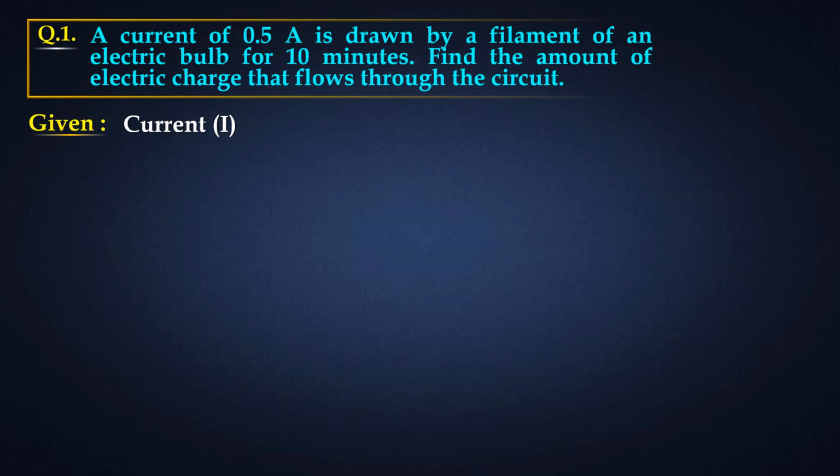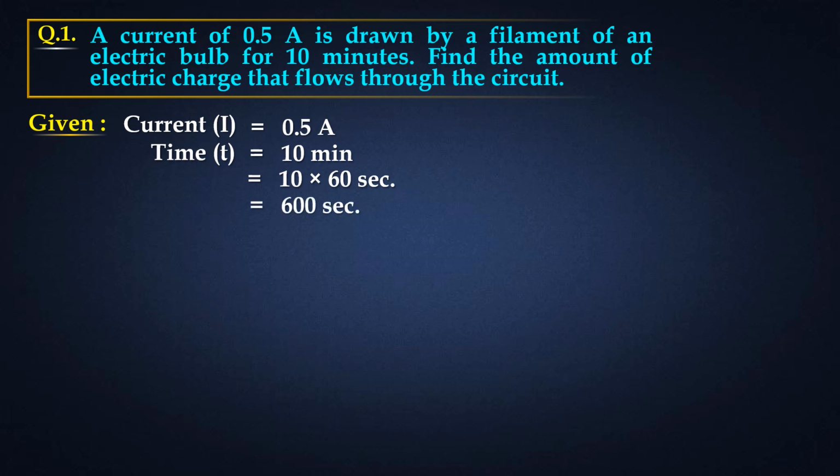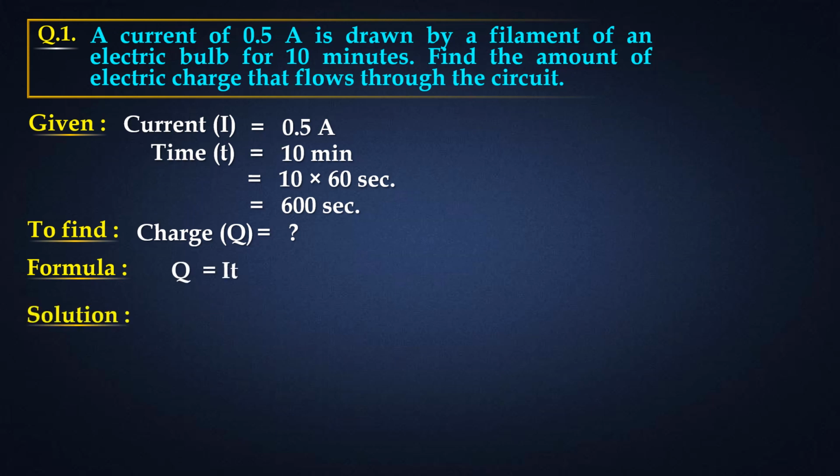So the given quantities: current I is equal to 0.5 ampere, time t is equal to 10 minutes. So convert it into SI unit, 10 into 60 seconds is equal to 600 seconds. To find charge Q, put Q is equal to question mark. Now using the formula, Q is equal to IT.